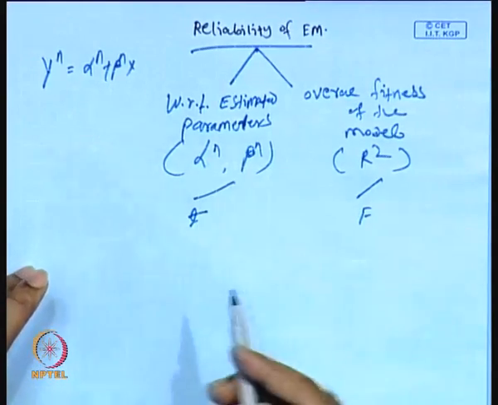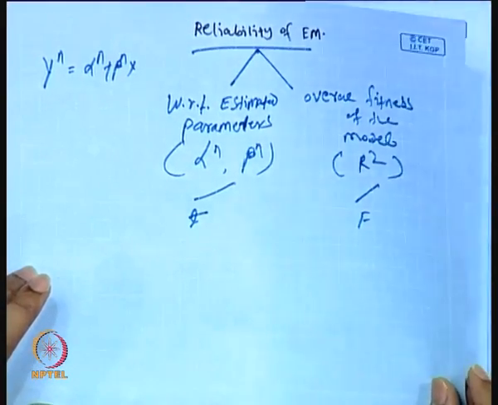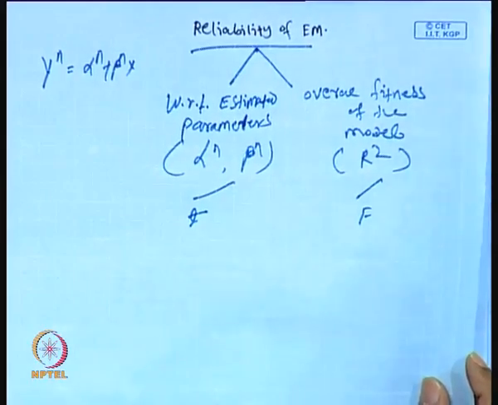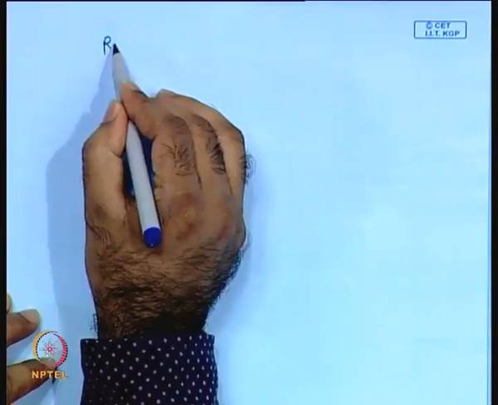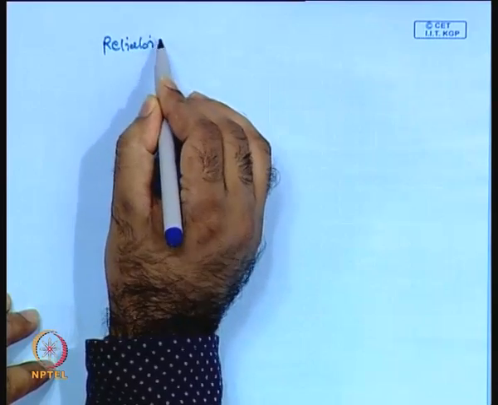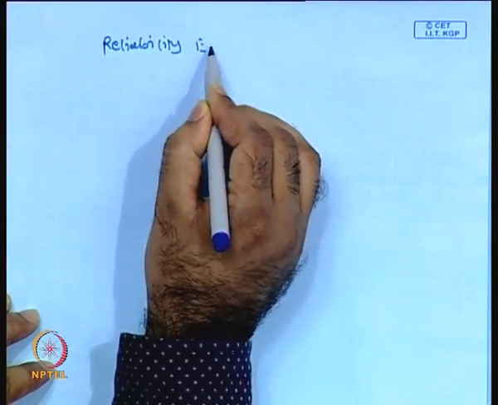Let me highlight the structure of the first part, that is the reliability of parameters. For this we have to prepare a table for the reliability of estimated parameters.